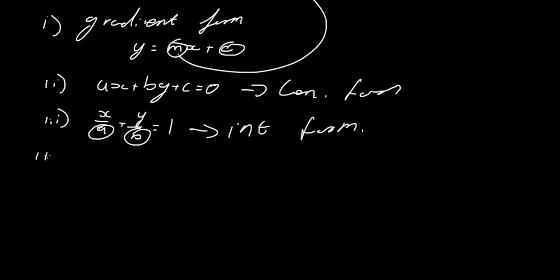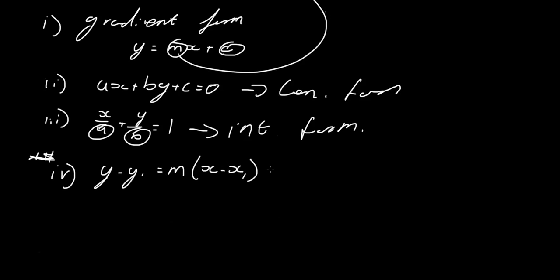Okay. Number 4 is point gradient form, which is y minus y1 equals m into x minus x1. Okay?